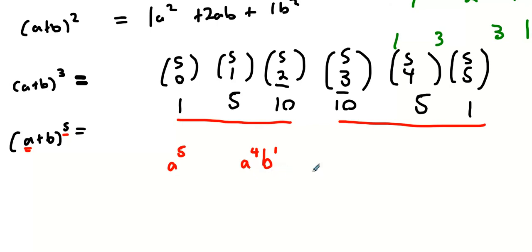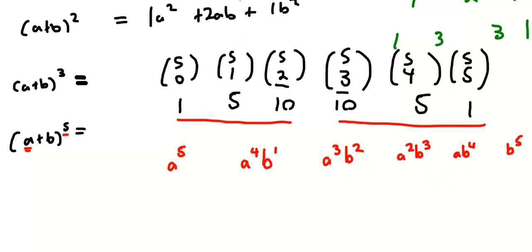Do the same procedure again. What's next? A3, B2. Go again. A2, B3. Go again. A, B4. After that, just B5, yeah? You have to figure out what numbers go in here.